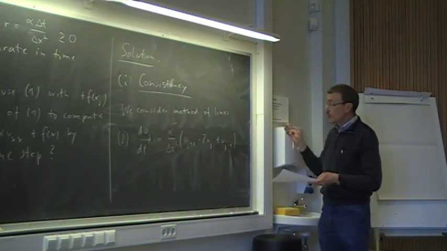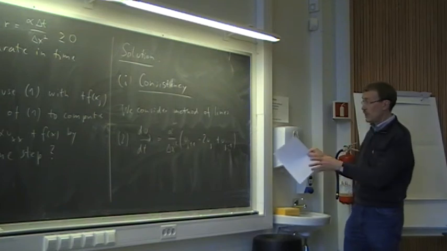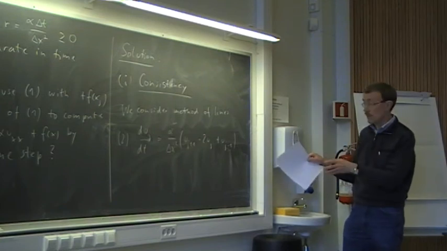And then we can look for the truncation error of that. Here we focus on the truncation error of the space discretization.